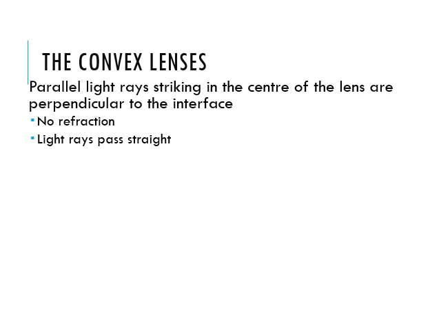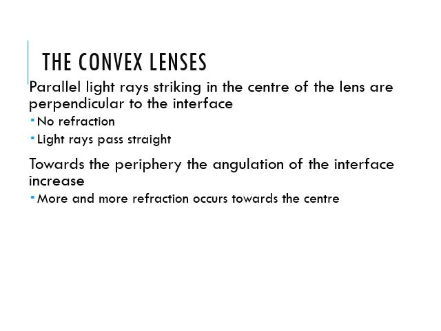Now there are three types of lenses that we'll be discussing here. First of all, the convex lenses, then the concave lenses, and then the cylindrical lenses. So the parallel light rays striking the center of the lens. Now this is a rule, just remember it: if they are perpendicular to the interface, there is no refraction. We saw this, there is no bending. The light rays usually pass straight whenever they are going through the center of the lens.